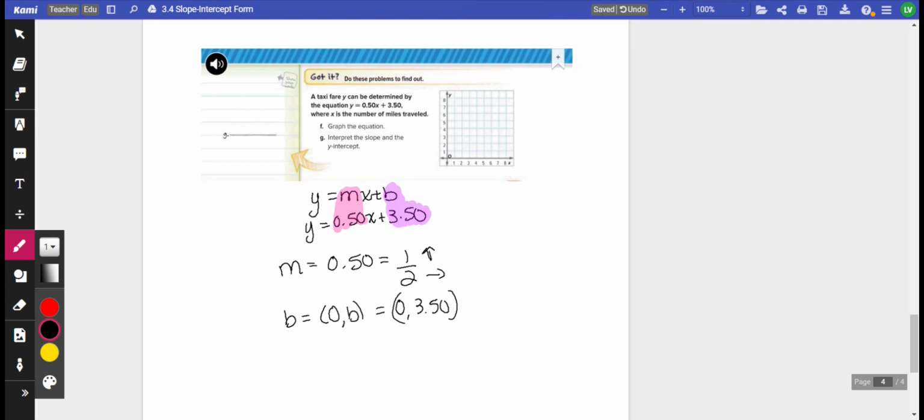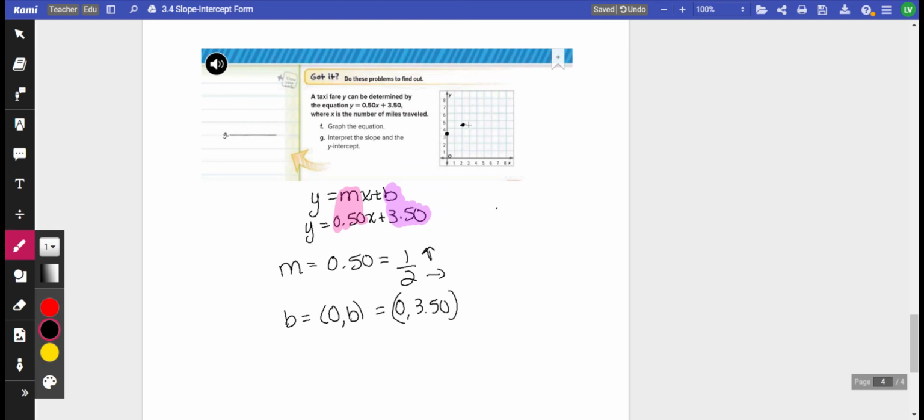So step 1 is to identify the slope and the y-intercept. Step number 2 is to graph the y-intercept. So 0, comma 3.50. I start at the origin, 0, 0. Then I go up to 3.50. So that's halfway between the 3 and the 4. Beautiful. And now I want to use my slope of going up 1 to the right 2. So I am going to go up 1 to the right 2, and I'm going to plot that point.